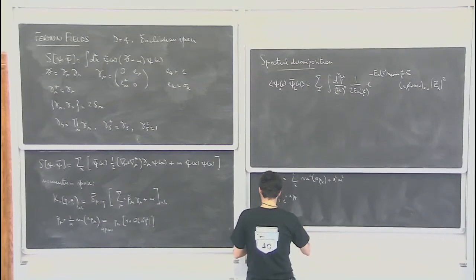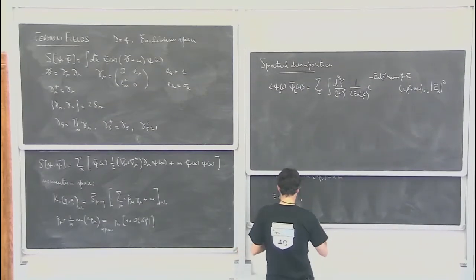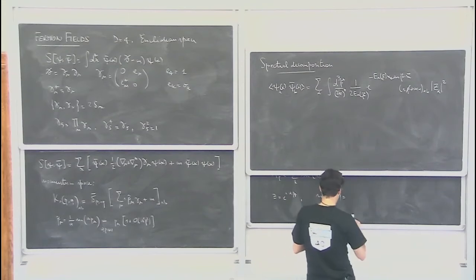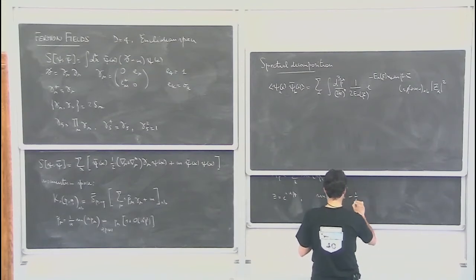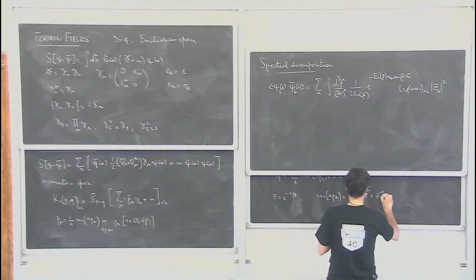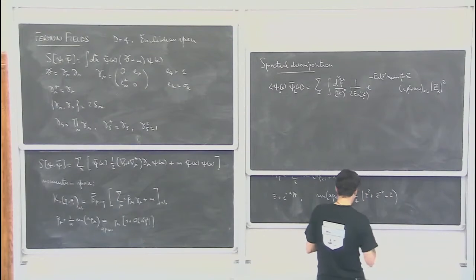If we do that, we can write the sine of a P4 as minus 1 over 4 times z squared plus z to the minus 2.